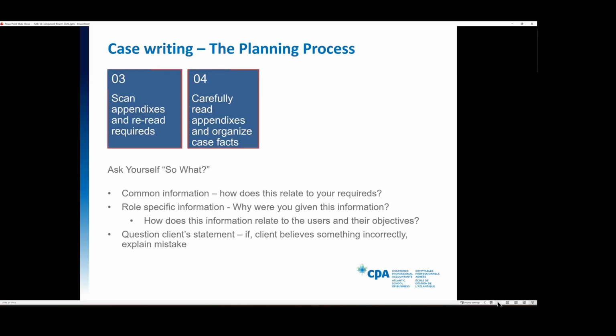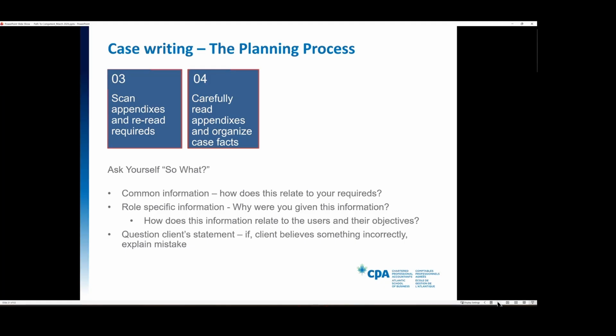Now step 3 is to scan those appendices and again reread the requirements. Step 4 is all about carefully reading those appendices and organizing those case facts, extracting the relevant case facts. So I want to go over a few important questions to ask yourself.